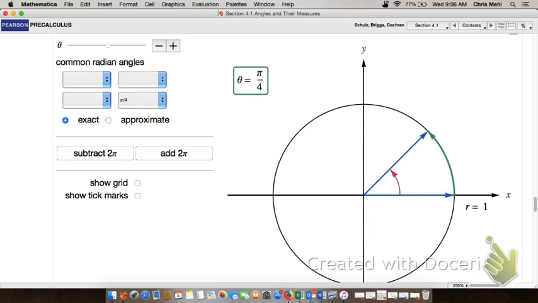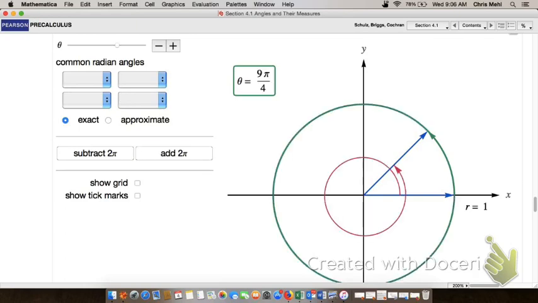If I start with the angle pi over 4, what you'll notice is if I want another angle with the same terminal side, I just need to take my original angle and start either adding or subtracting complete rotations. So I can start with pi over 4 and add a complete rotation to it, which is the same as adding 2 pi.